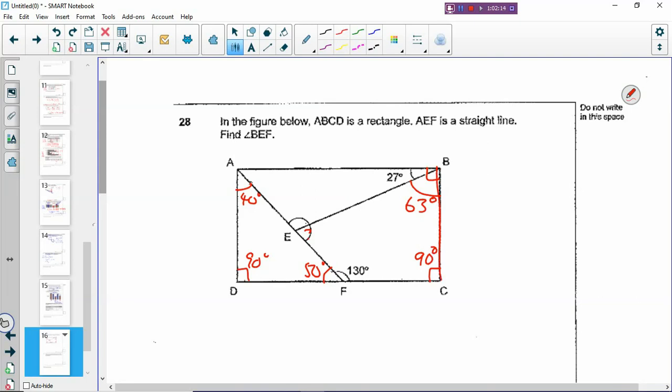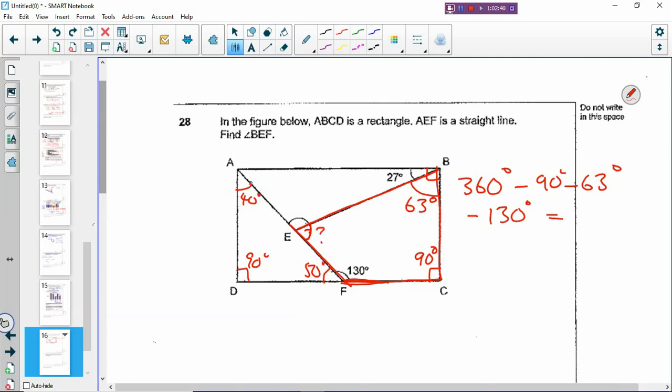Yes, we can, because there is a property which is sum of angles in a four-sided figure. Alright, sum of angles in a four-sided figure add together is 360. And you minus 90, minus 63, and minus 130, and you get the question mark, which is your BEF.